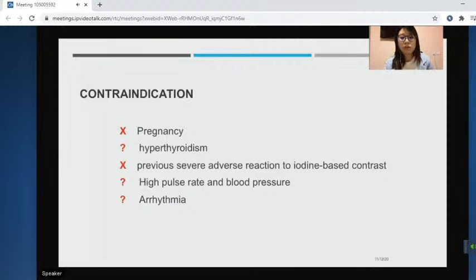And for patients who have severe adverse reactions, we try not to do it. If the patient has had anaphylactic shock or laryngeal spasms before, we should avoid it. And for high heart rate and high BP arrhythmia patients, I think we will answer this at the end of the presentation.